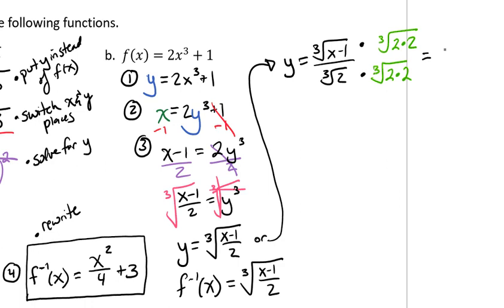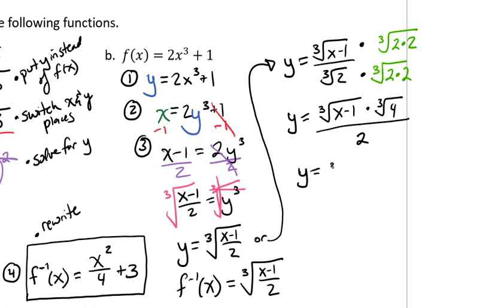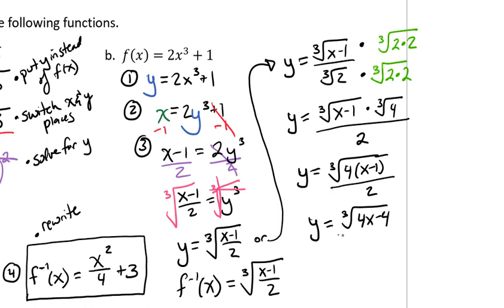Okay, so that would give us y equals the cubed root of x minus 1 times the cubed root of 4 over 2, which would then give us the cubed root of 4 times x minus 1 over 2, which would be y equals the cubed root of 4x minus 4 over 2, which we would then rewrite as the inverse of f equals the cubed root of 4x minus 4 all over 2.